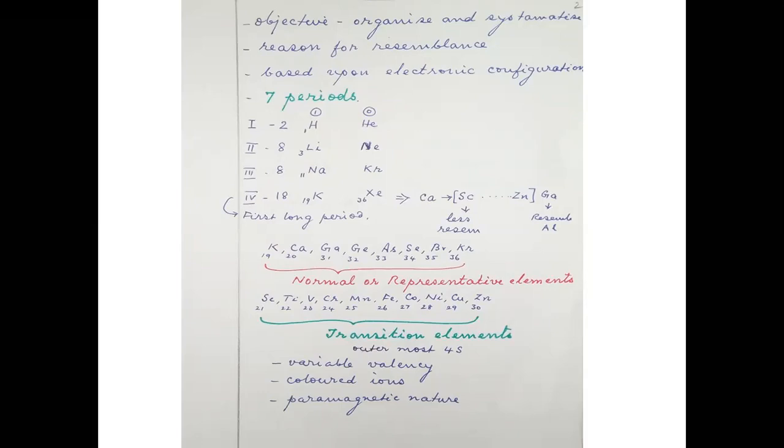So the peculiar behaviors shown by the transition elements are: number one, variable valency. Variable valency means, suppose you take alkali metals, they always show the oxidation state +1: hydrogen +1, lithium +1, sodium +1, potassium +1. If you take alkaline earth metals, beryllium, magnesium, calcium, strontium, barium, radium, they all show the valency 2.